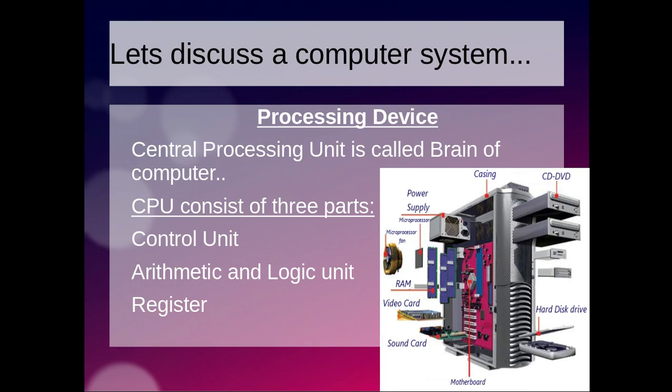The processed input data is meaningful information, that is output. The control unit controls all the operations of the CPU. The ALU is responsible for doing arithmetic and logical operations. The register stores data and information temporarily.